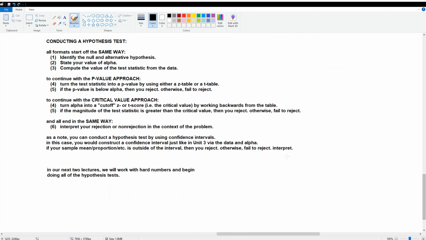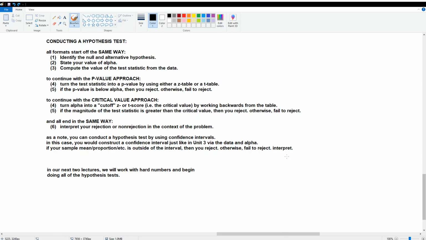Now, technically, we can do confidence intervals. So we would just construct a confidence interval like Unit 3. And so, if our sample mean is outside the interval, we reject, otherwise fail to reject. So technically, you've actually already done most of the work for many of these hypothesis tests. You just haven't done the hypotheses themselves.